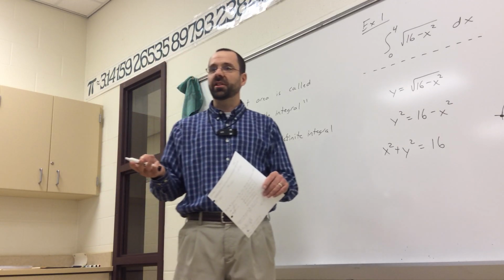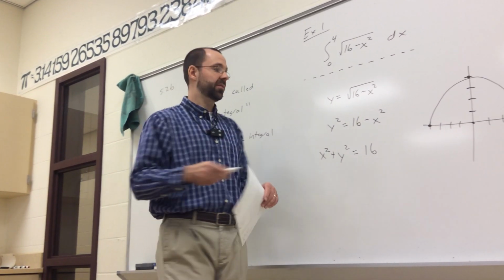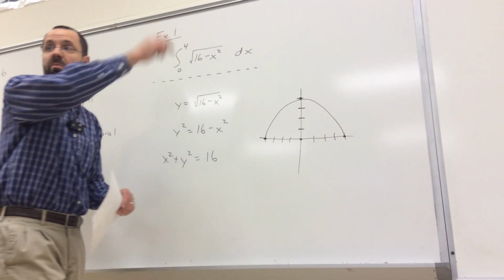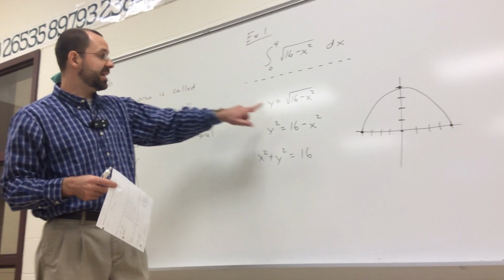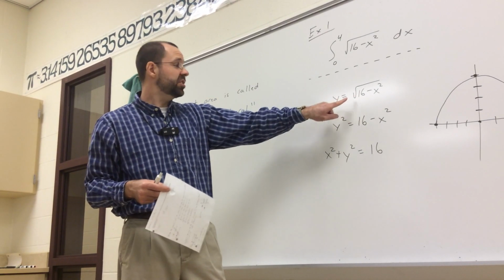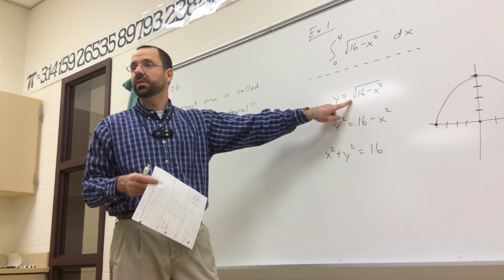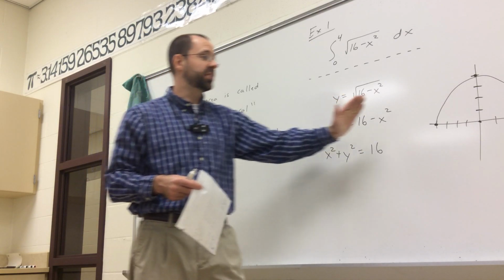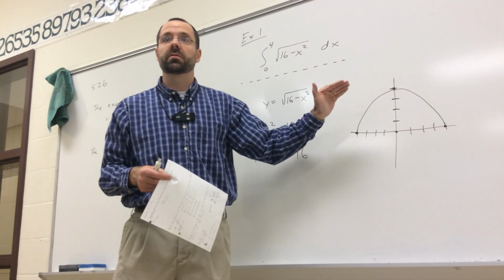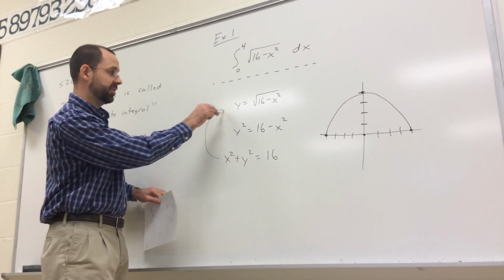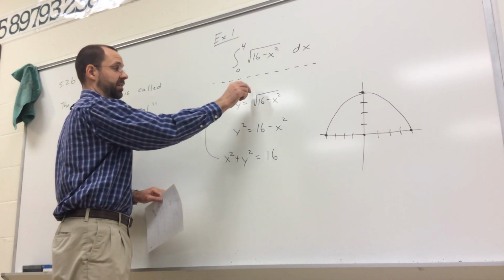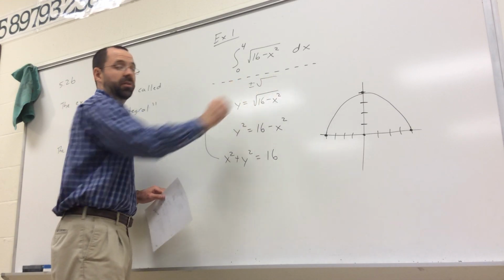If it's going to be a function, it can't have two different y values, right? If I filled in the bottom of the circle, it wouldn't pass the vertical line test. But the key is right here. This is just the positive square root. So that's why it's just the top half of the circle. If you solved this and went backwards this way, you would end up getting the positive and the negative square root.